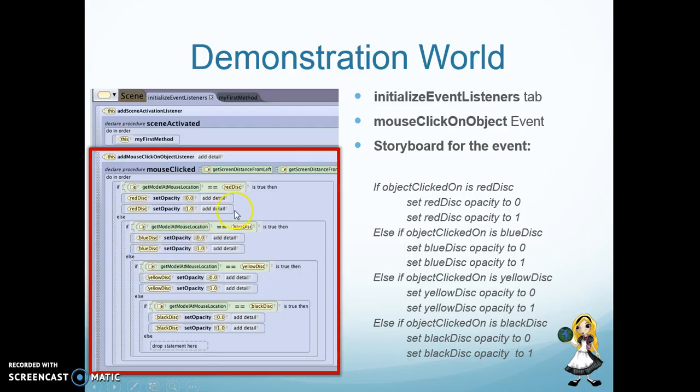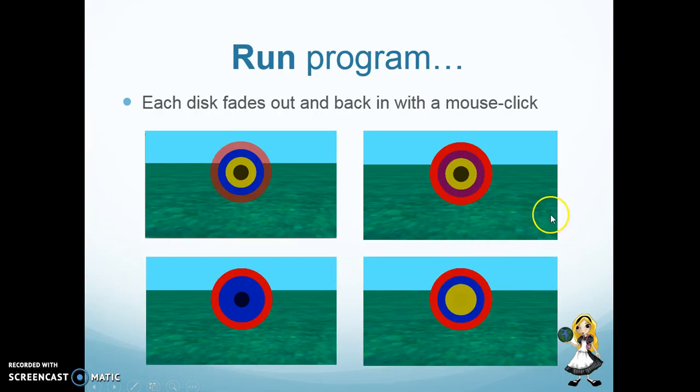Otherwise, if you did not click on the red or the blue disk, but you clicked on the yellow disk, it fades in and out. And this last else is if you did not click on the red or the blue or the yellow, but you did click on the black, then it will fade in and out. And what that means is if you click on anything that's not a disk, nothing will happen. Right? So we'll try it out.